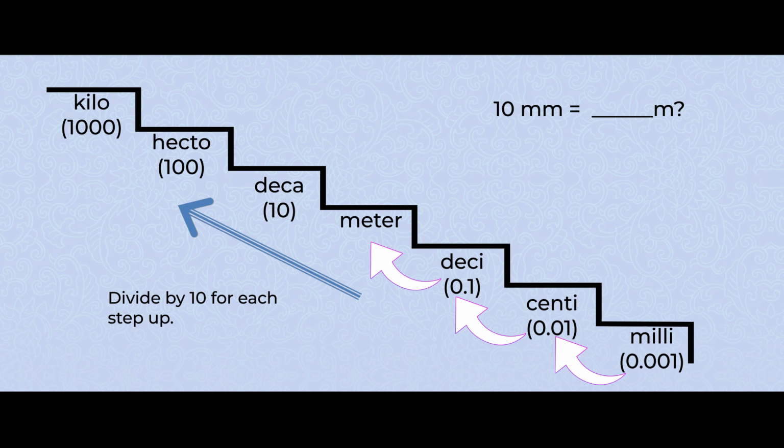So 10 divided by 1000 will give you 1. Is it 1? No, right? 0.01. So 10 millimeter is equal to 0.01 meter.